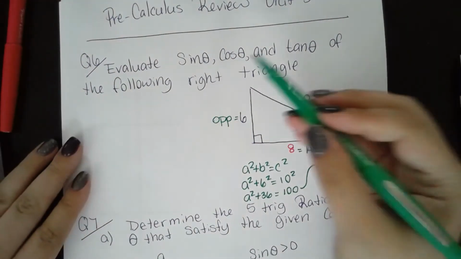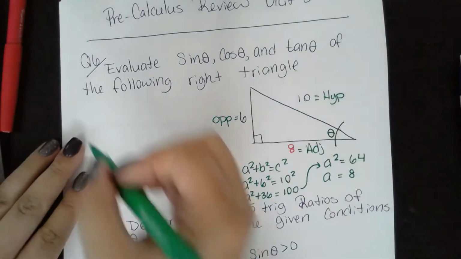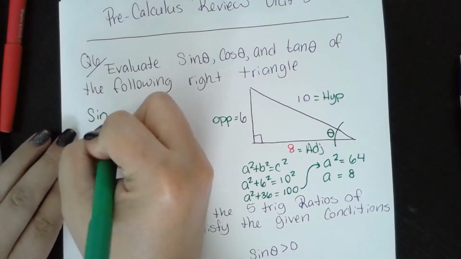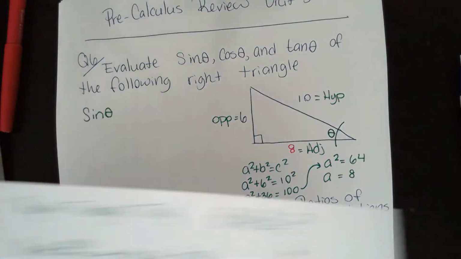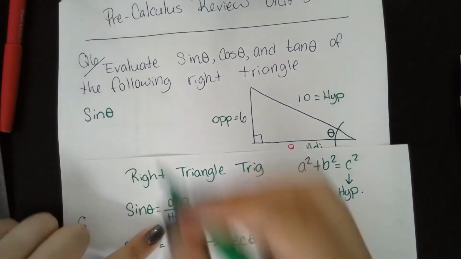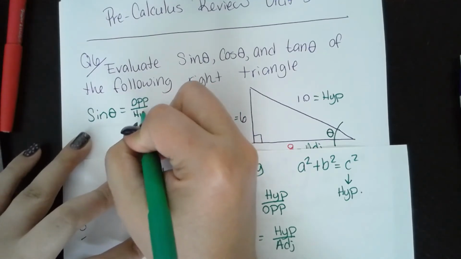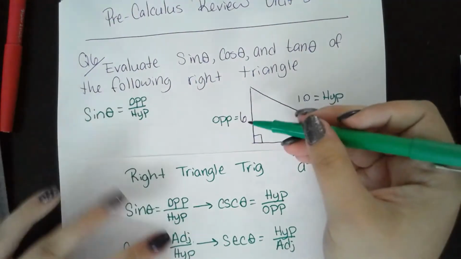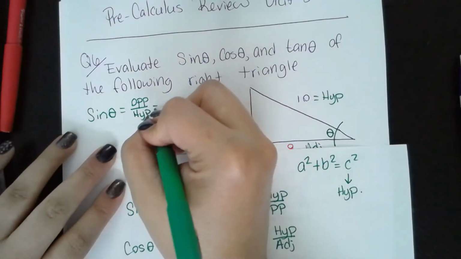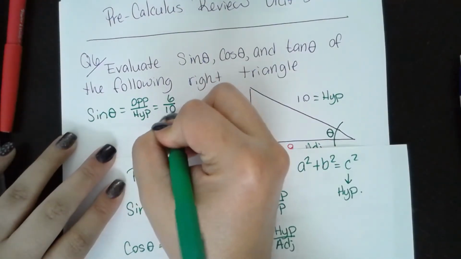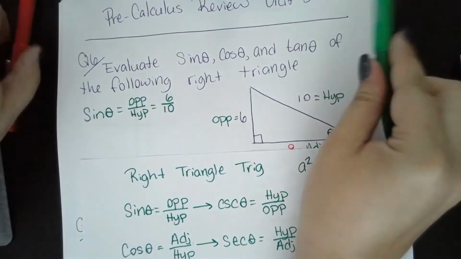That's the first step. The next step is to evaluate. We know sine of theta from our list here. Sine of theta is opposite over hypotenuse. The opposite side is 6. The hypotenuse is 10. 6 over 10 can be reduced.